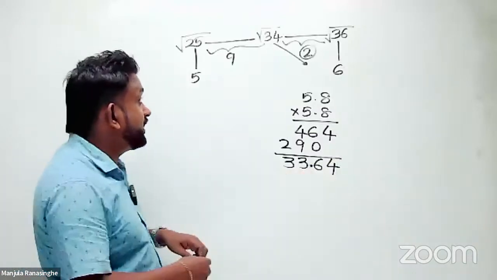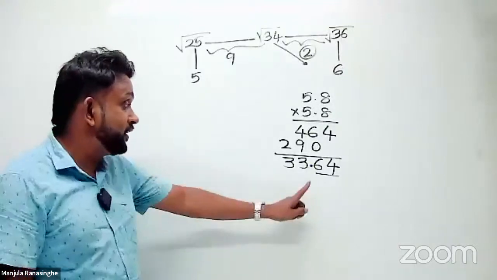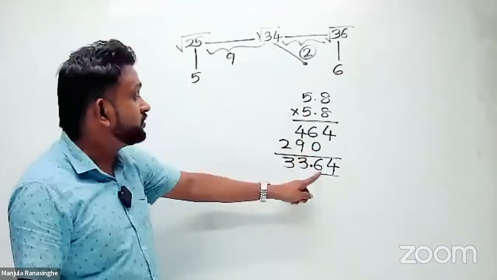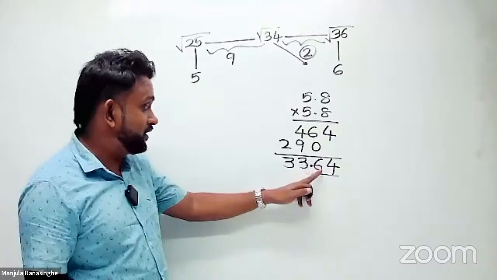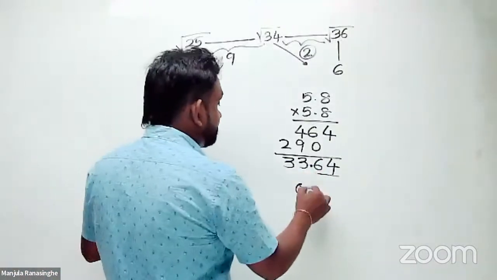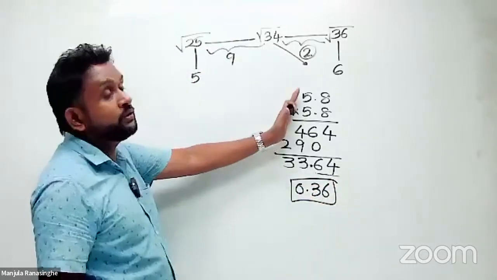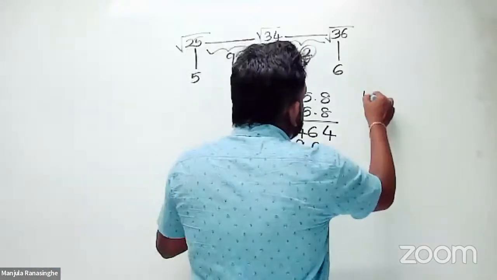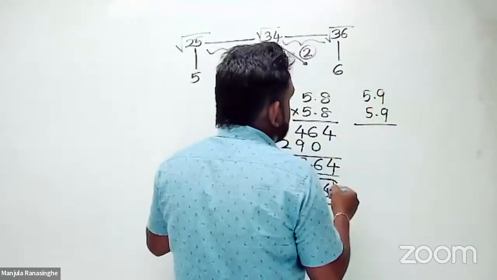So 33.64. Then from 64 to 100, then it goes to 34. 64 to 100, how much is the gap? It is 0.36 less. Okay, that is the gap. Now you will not check 5.7 because it is less than 33. So better you check with 5.9, 5.9 into 5.9.